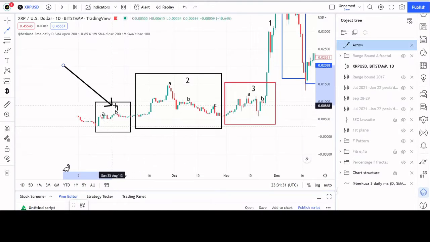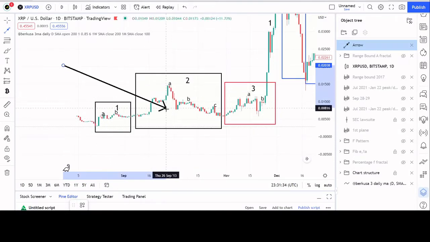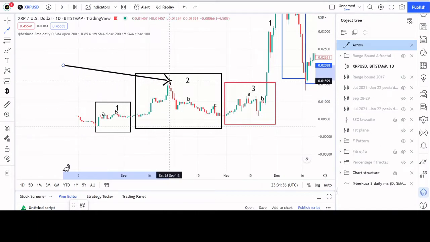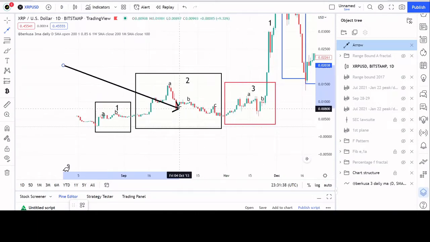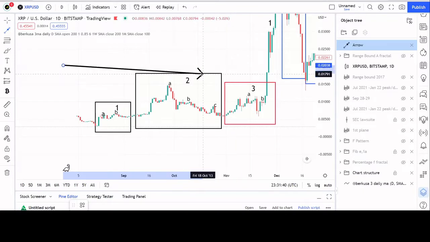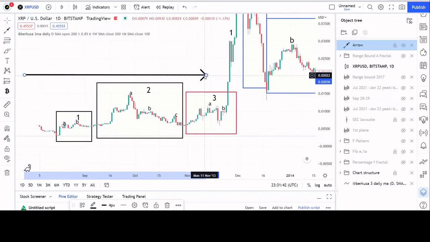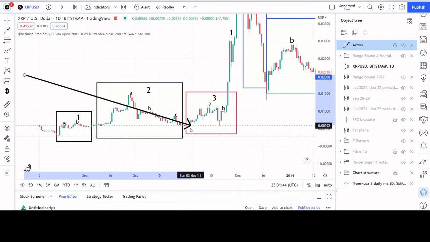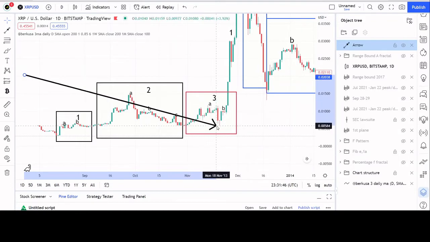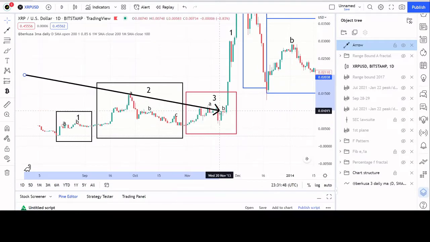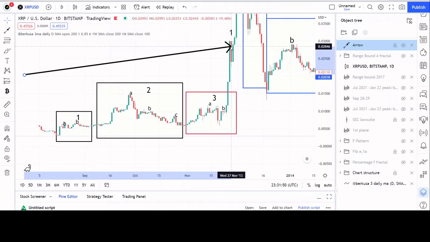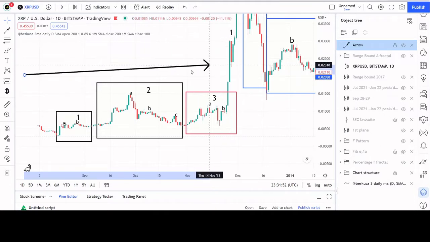So here is fractal 1, here is fractal 2. Fractal 2 has three different parts to it, A, B, C. They're basically three different waves. And then fractal 3 has a unique characteristic where it moves up, it moves back down, and then it moves up and does this little correction before moving into the bull run.